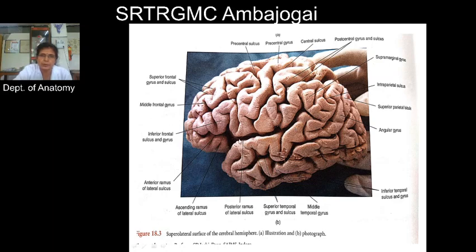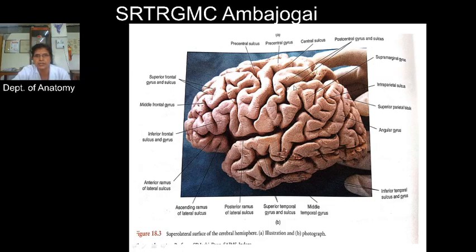This inferior margin is formed by the temporal lobe, and it has a superior surface on which there is the auditory area, that is the anterior and posterior transverse temporal gyri. Then in the parietal lobe, here there is the postcentral sulcus and the postcentral gyrus.